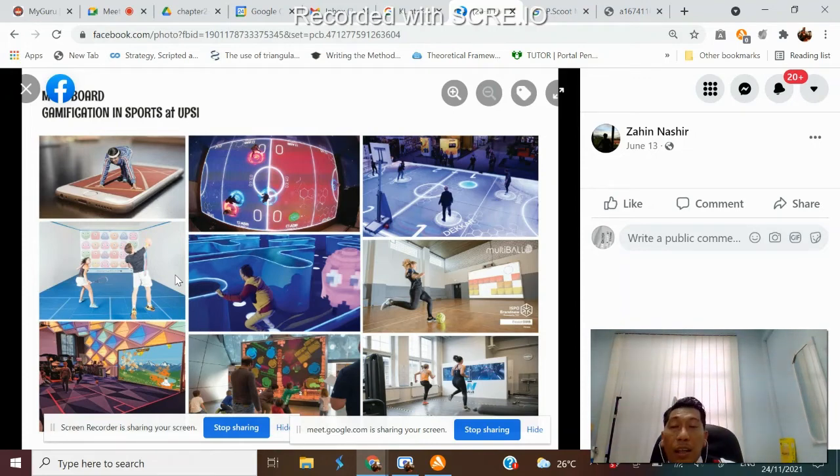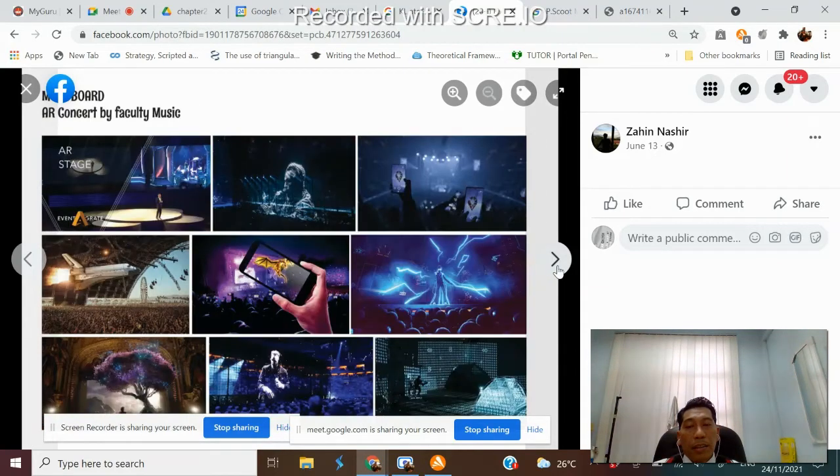So this is what you're looking at: the proposed game concept that you can do for people to interact with the Faculty of Sports Science, and you can also come up with AR concepts for the music faculty, which is the live audience, but using augmented reality.